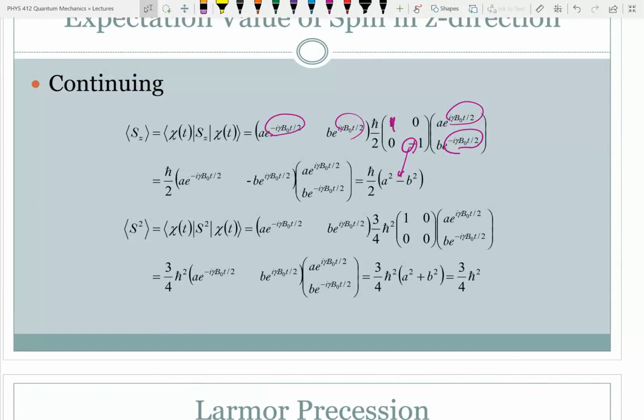The total angular momentum, just to finish things up, what's the total angular momentum going to be doing? It better be staying constant. If it's not, we've really messed something up, because what's the total angular momentum always for an electron? Always. This is s squared.